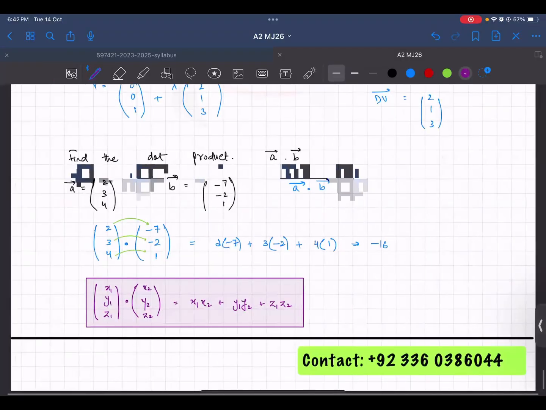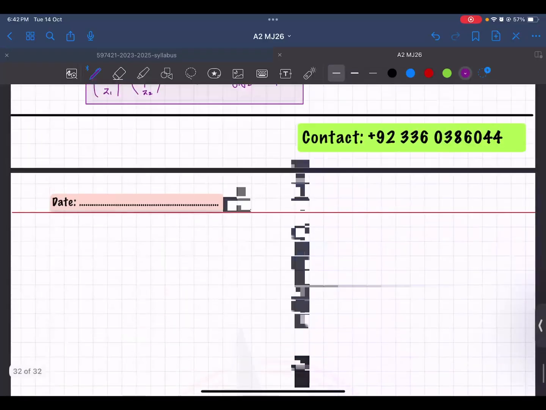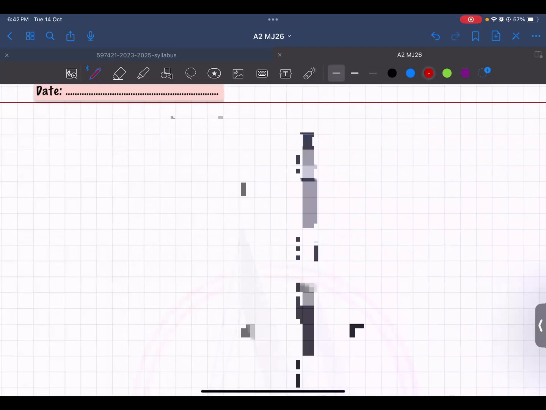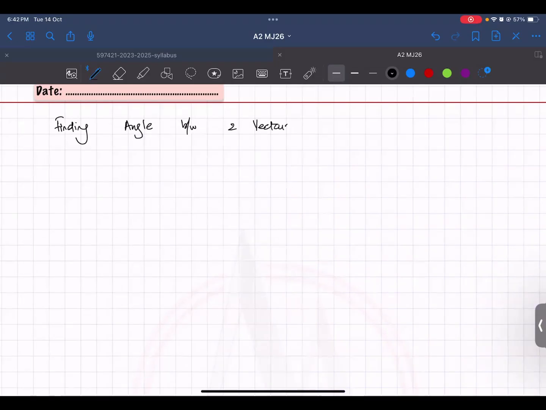Simple dot product. Nothing more. And what you would further use this dot product for is finding the angle between two vectors. If your vector is something like this and there is another vector like this, they may or may not be touching.